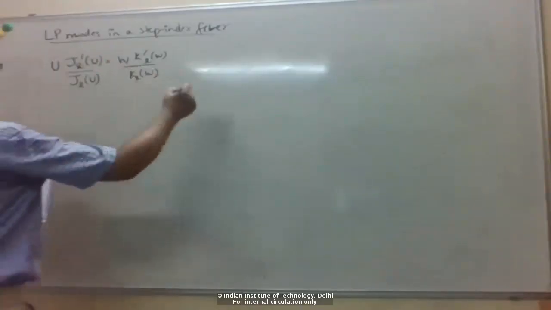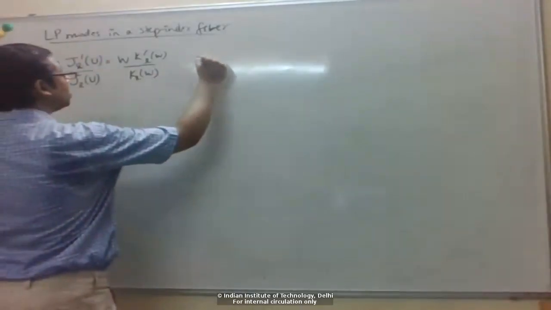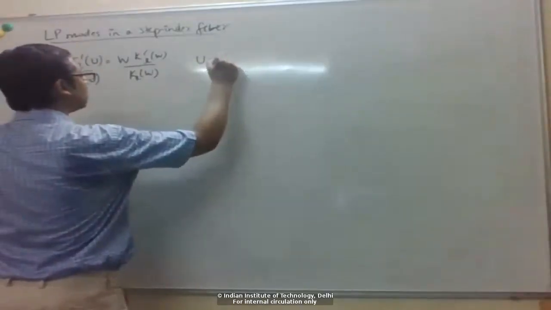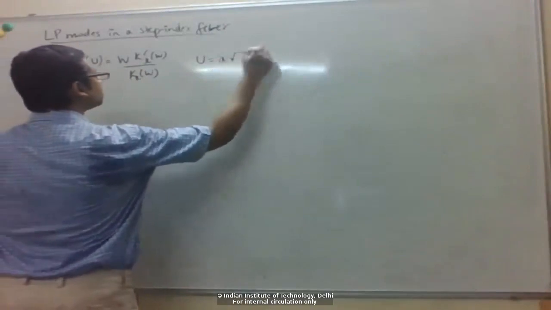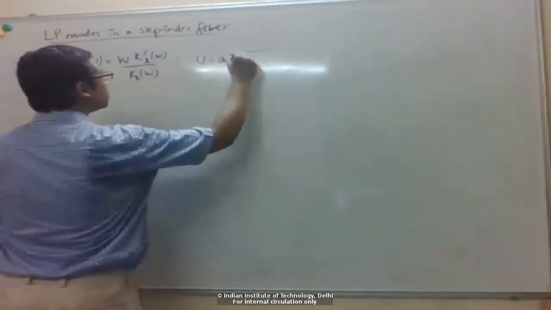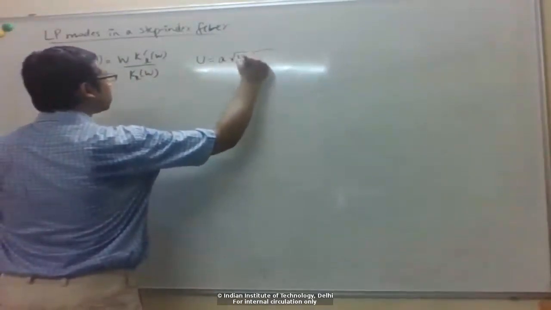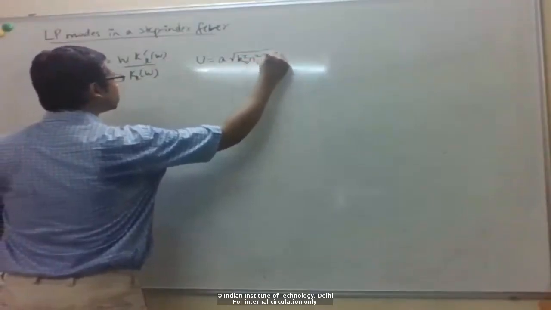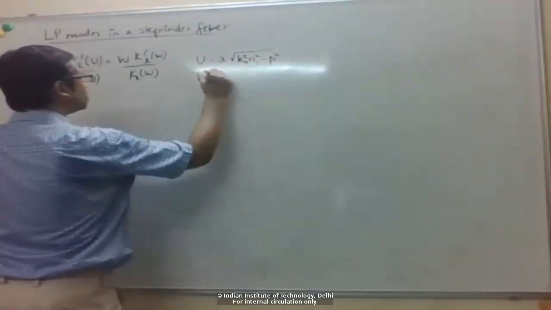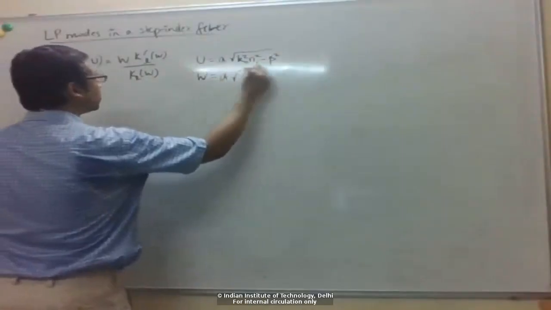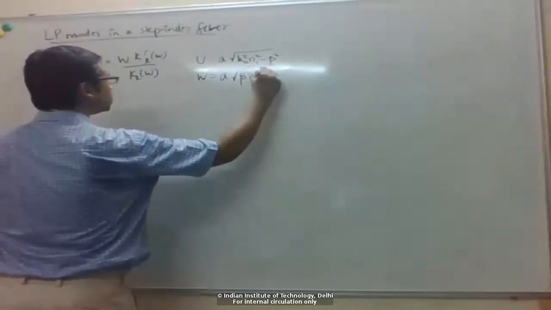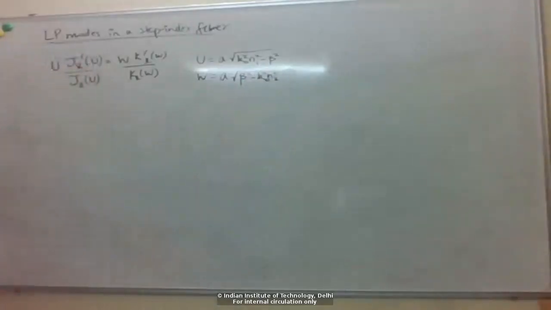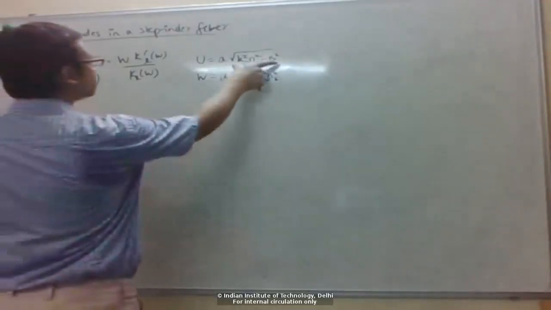So recall, U was basically A times square root of k0 squared n1 squared minus beta squared, and W is A times square root of beta squared minus k0 squared n2 squared.